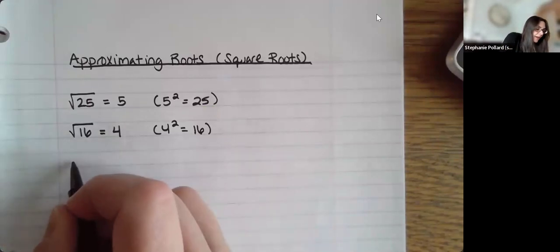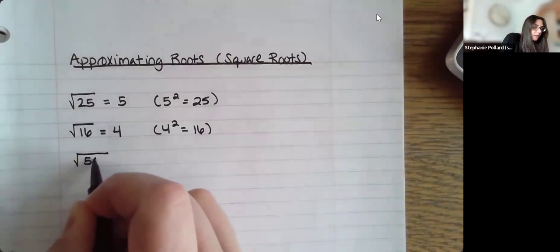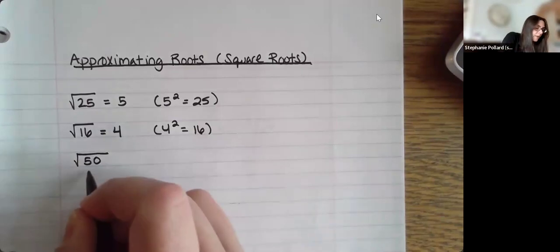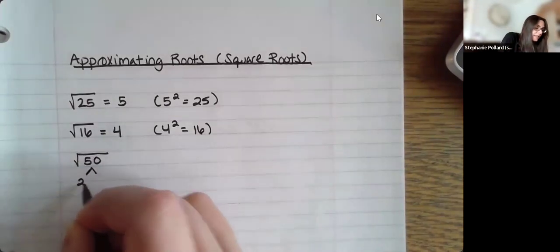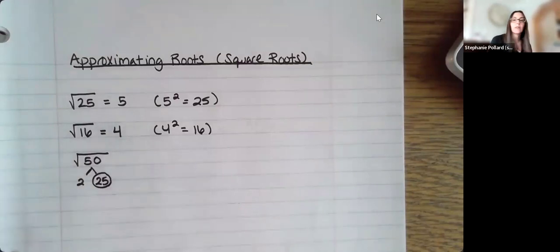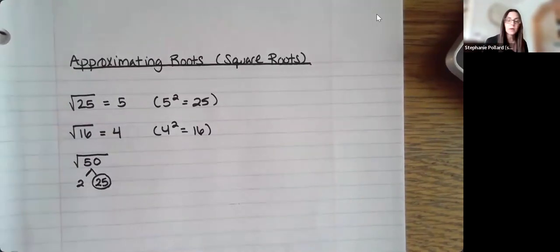For instance, if I have something like the square root of 50, that is not a perfect square, but I could break that down and consider the factors there, right? So I could think about my different factors, and I may recognize that 50 is the same as 2 times 25, and 25 is a perfect square. So sometimes we can simplify roots, even if they don't come out perfectly, we can still simplify them a little bit more.